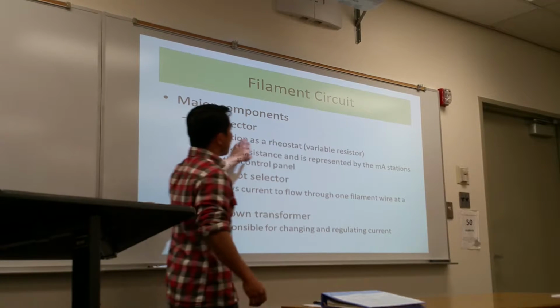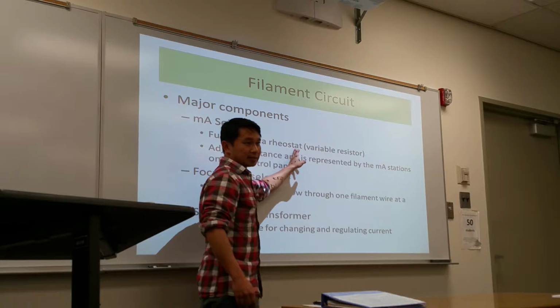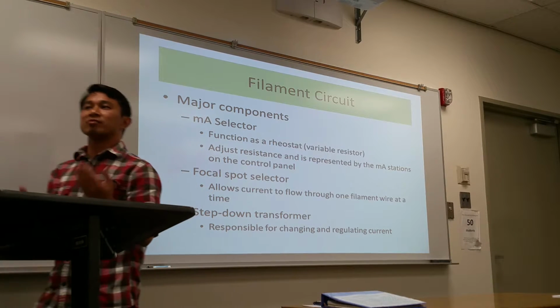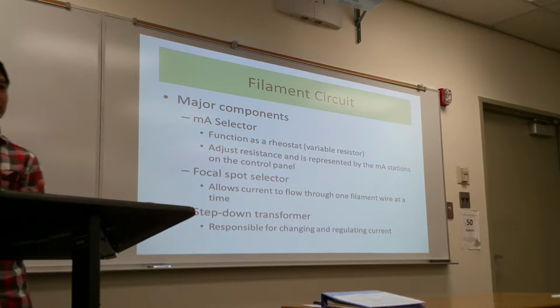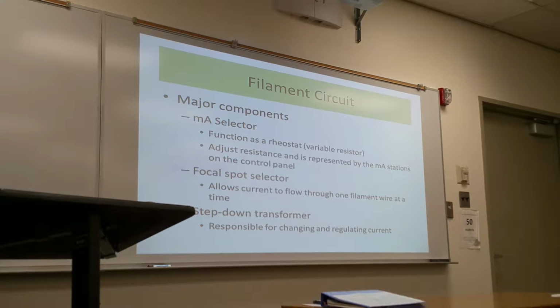So it has an electronic device called a rheostat. A rheostat is pretty much a variable resistor, so it can fluctuate based on your MA selection. It adjusts the resistance to vary the amount of current flowing through the filament based on your MA selection.